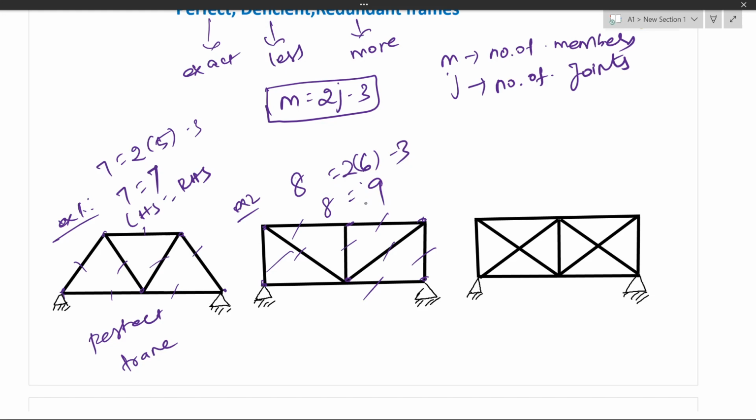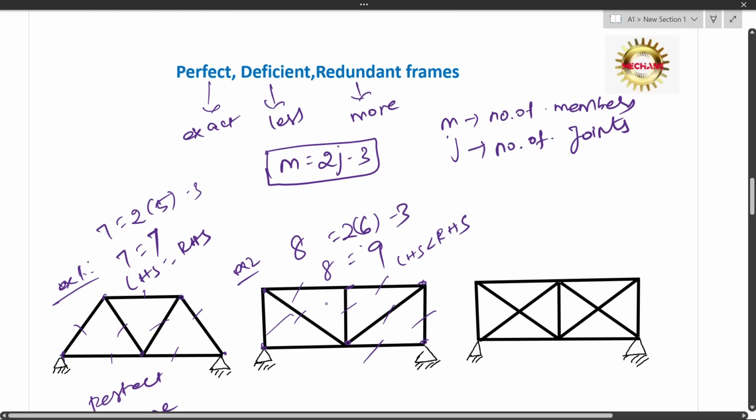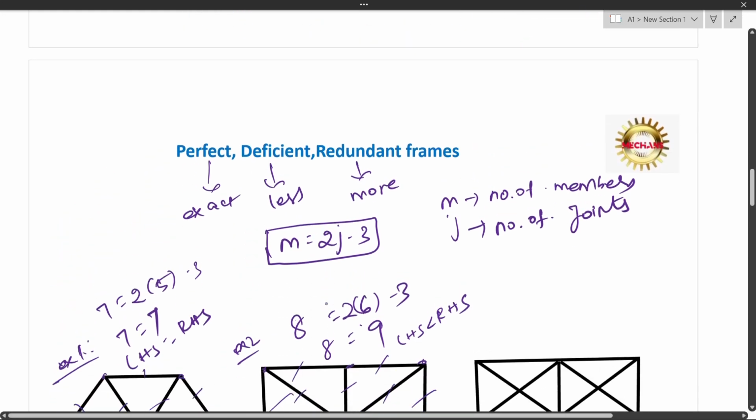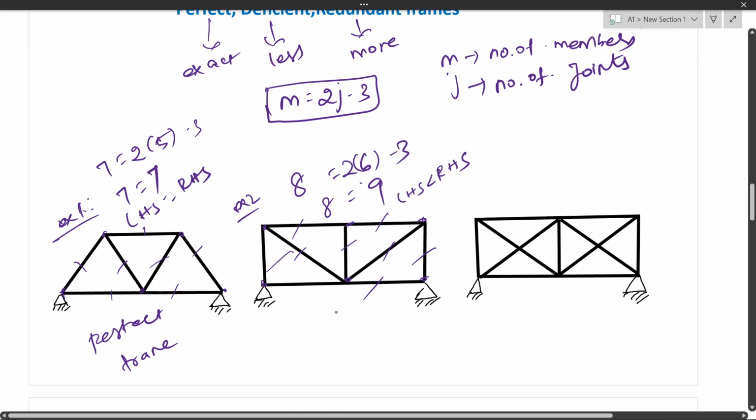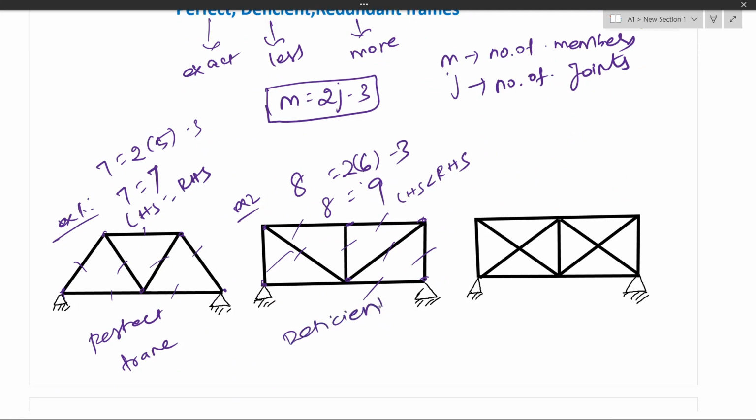So if you look here, LHS is less than RHS, so this is an example of a deficient frame because the members are fewer. So this is a deficient frame.